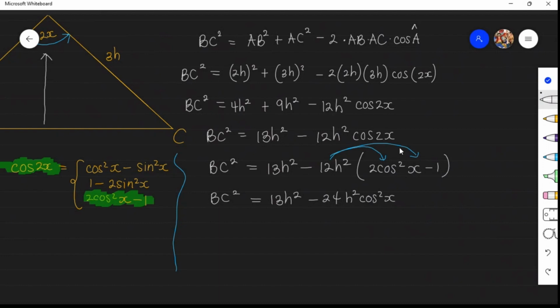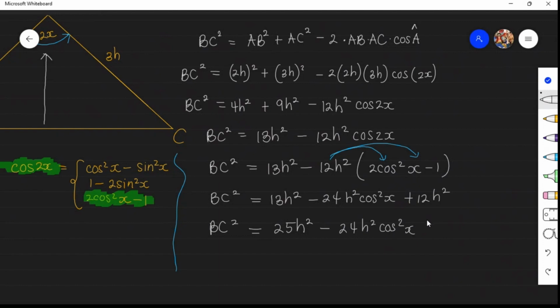So negative 12 times negative 1 gives us positive 12h squared. Now from there, you notice that you have like terms. So we're going to add up the like terms. So we have BC squared equals 13 plus 12 will give us 25h squared minus 24h squared cos squared x.